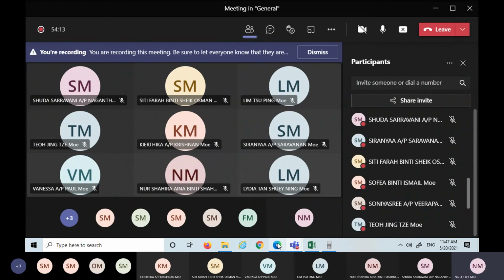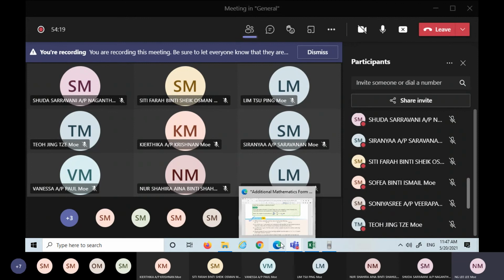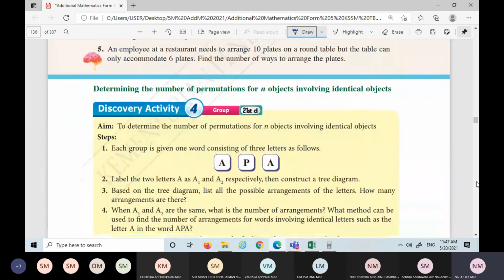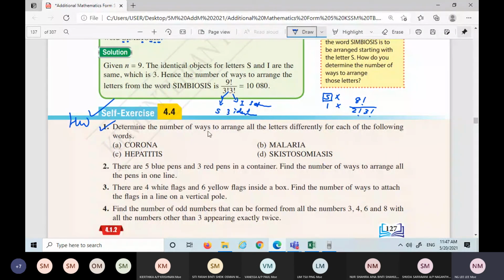Come, answer these questions. Look at exercise 4.4. This question is easy, we do this together. Determine the number of ways to arrange all the letters differently for each of the following words. A, corona.